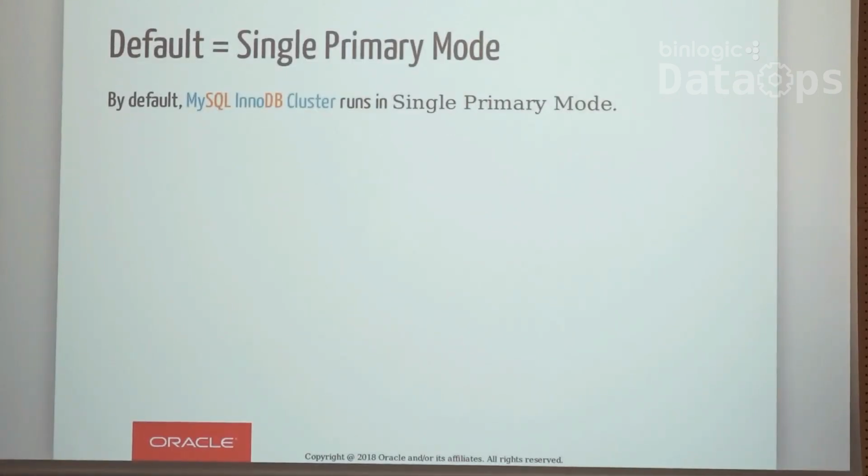So now about the default. I told you that you can write on every node. It's possible, and the plugin was designed for that. The default was that you could write everywhere the first time we released it, but then we changed the default, because every distributed system has some limitations, right?